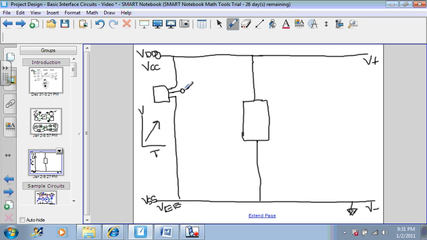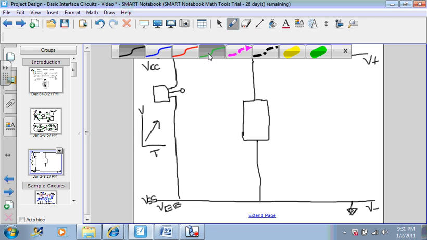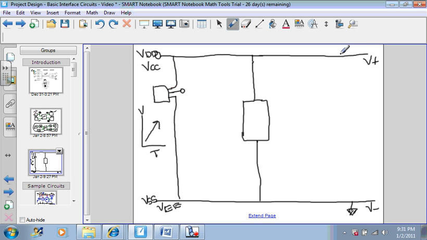So I know that this will be my green color, and this will be my red color, and this will be my black color. You can only get that from the data sheet by reading the specifications.